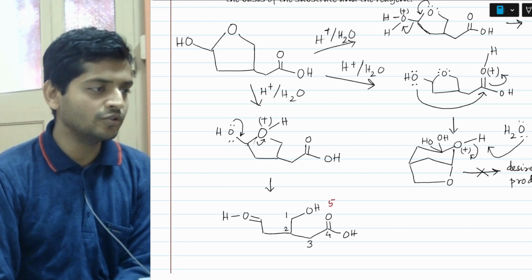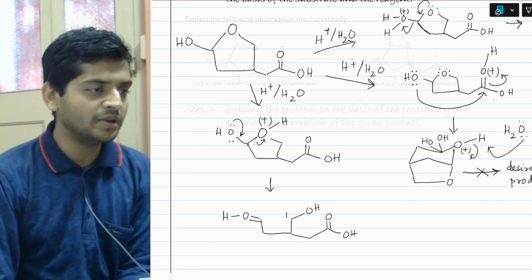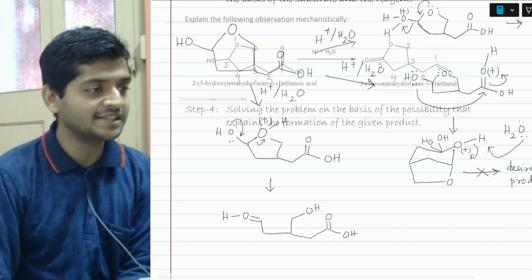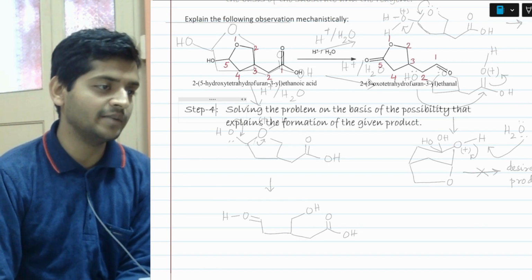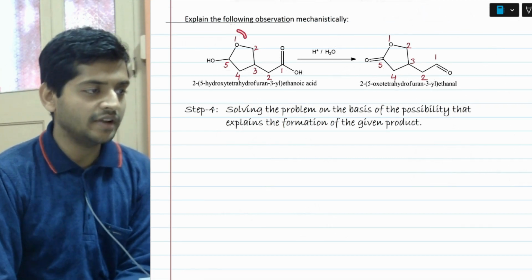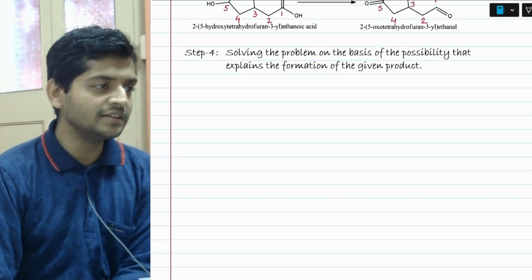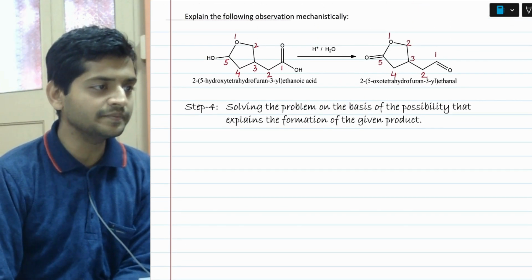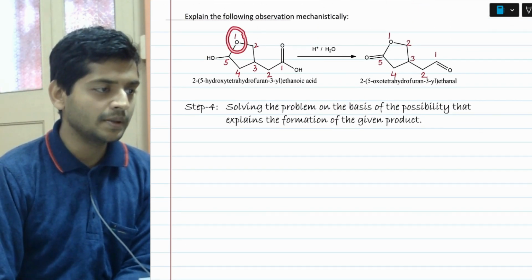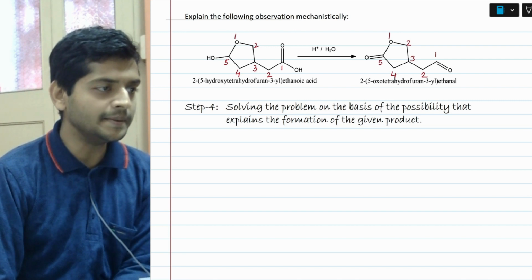So step number 4 should be solving the problem on the basis of the possibility that explains the formation of the desired product or the given product, right? So we will be protonating the furan ring's oxygen first, as shown previously.